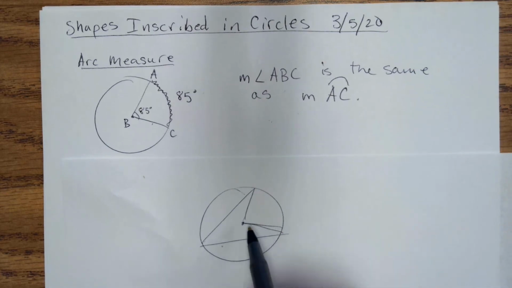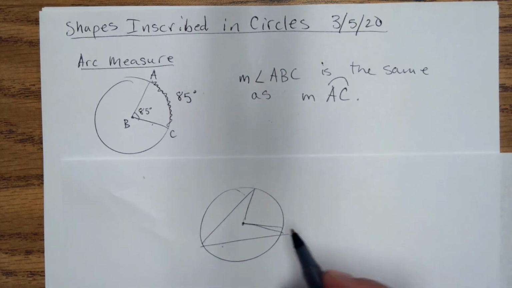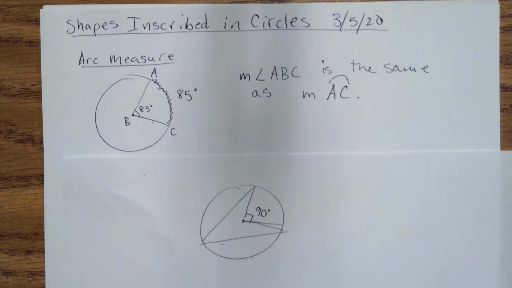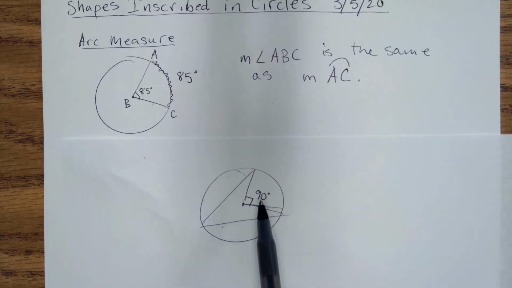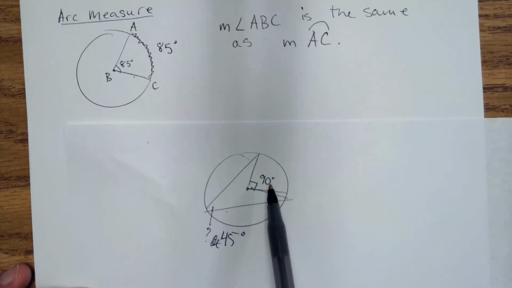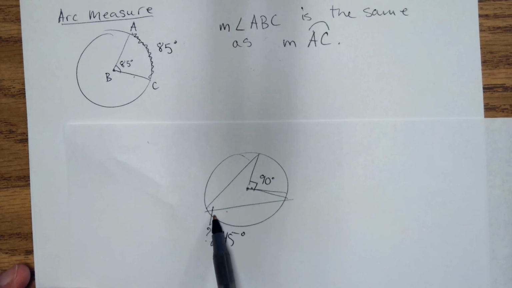So if this was, let's say, 90, if this central angle was 90, what would this inscribed angle be? Raise your hand if you think you know. So this is 45. You just cut the central angle in half to get the inscribed angle.